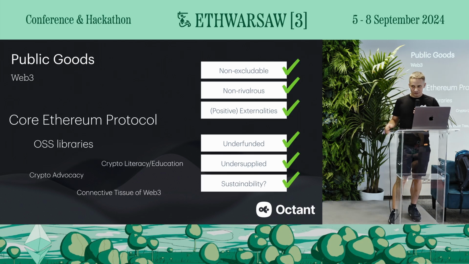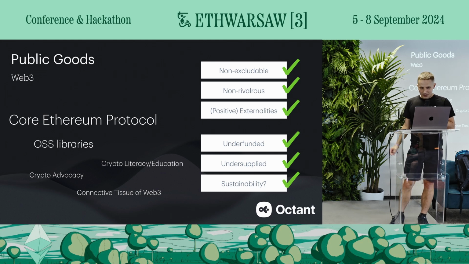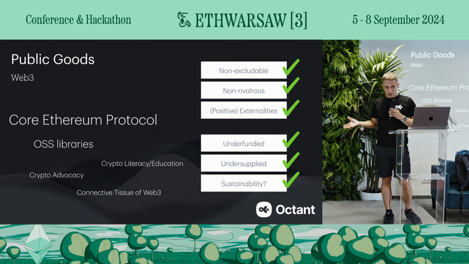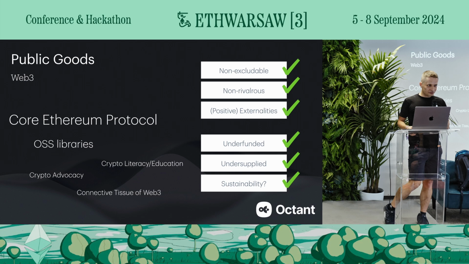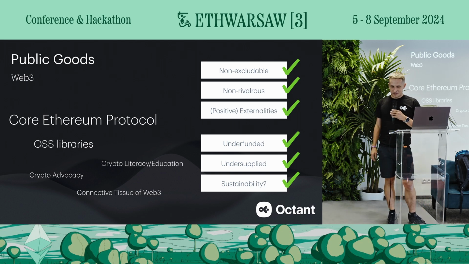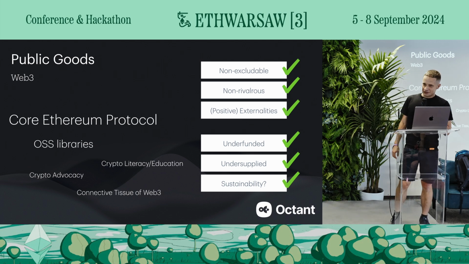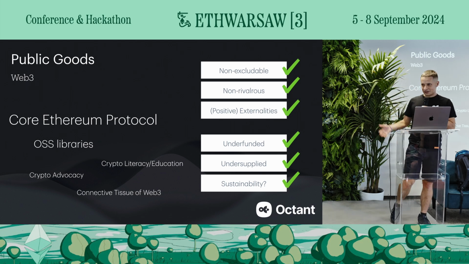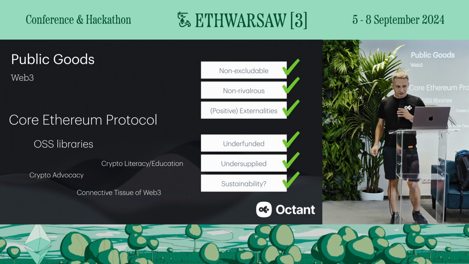Now, if we move to the crypto space or Web3, you can see that most of these definitions and features more or less hold up. The main difference with the legacy world or digital public goods in a broader context is that resources to potentially fund public goods are not scarce in Web3. I mean, there is a lot of potential streams of funding that could be directed to fund public goods.